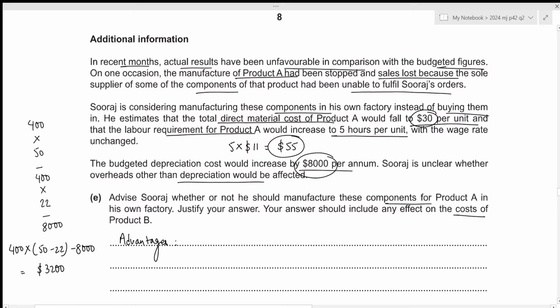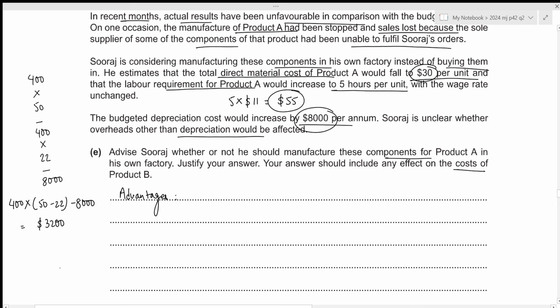So this acts as the first advantage. It means that we can decrease the total cost of the business by 3,200.